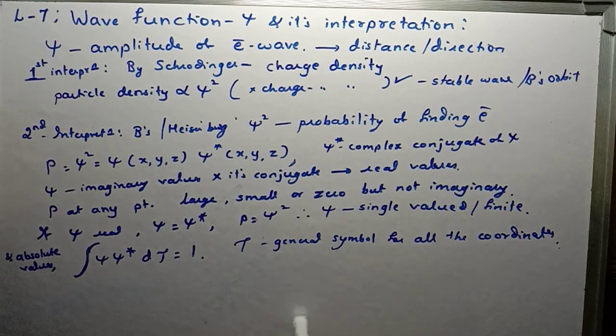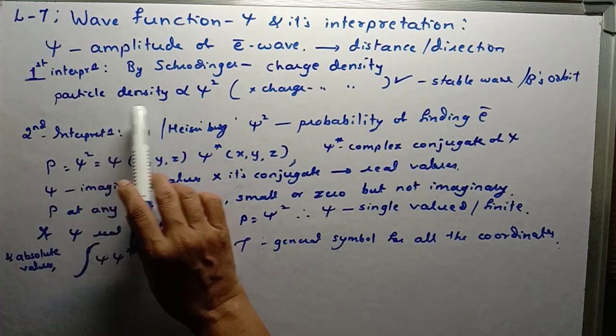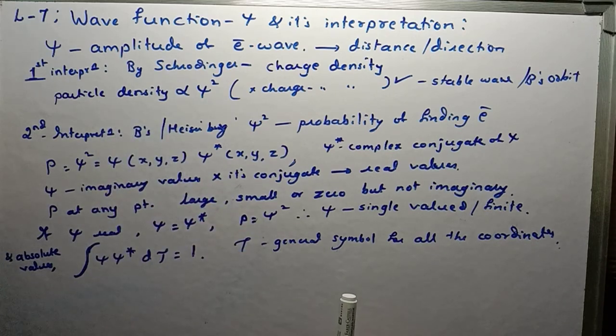That means the wave is a standing, stationary, stable state. But it fails when the material particle becomes a wave, or when the waves interfere or collide with each other. So this is the first interpretation, given by Schrodinger.